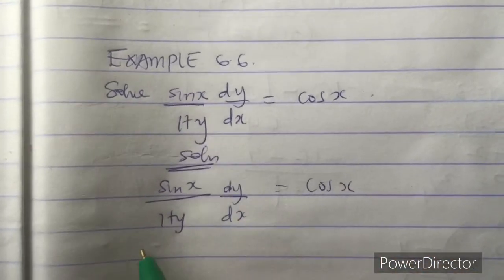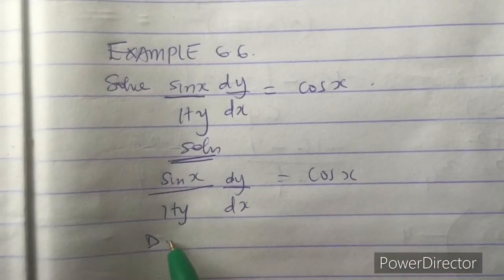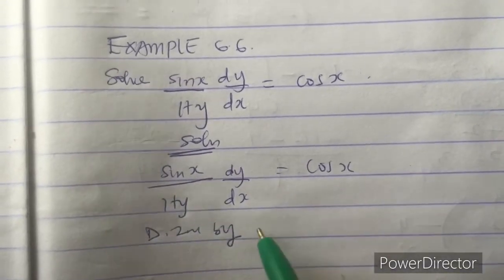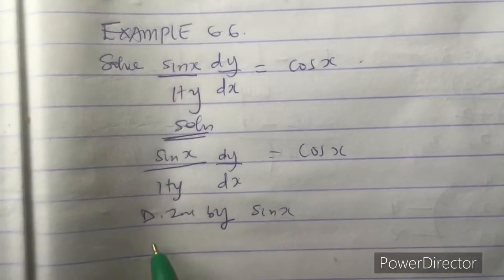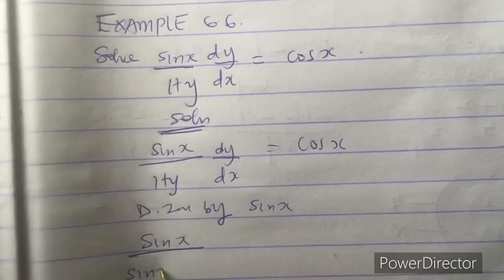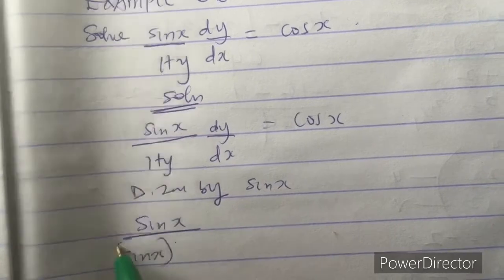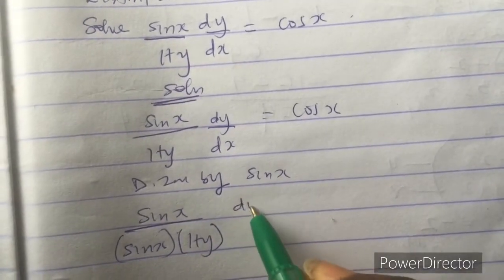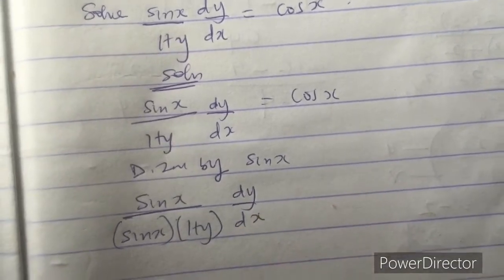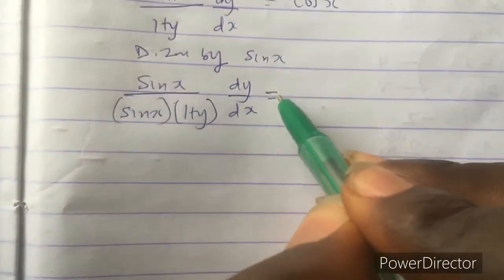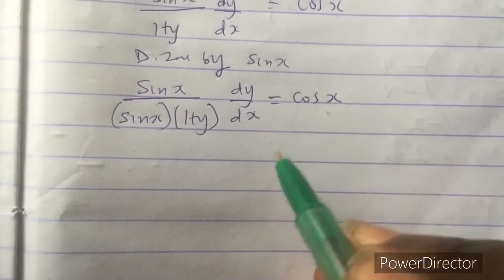Now let's just say we divide through by sine x, and that will be sine x over sine x, 1 plus y, dy dx equals cos x.